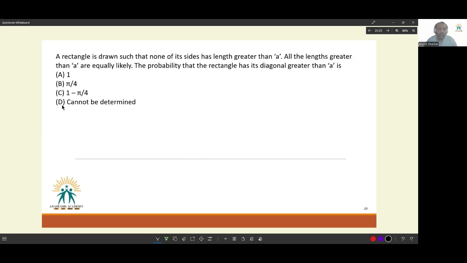Next question. A rectangle is drawn such that none of its sides has length greater than A. All the lengths not greater than A are equally likely. The probability that the rectangle has its diagonal greater than A is. Okay. Again, first thing we'll do is draw a square.